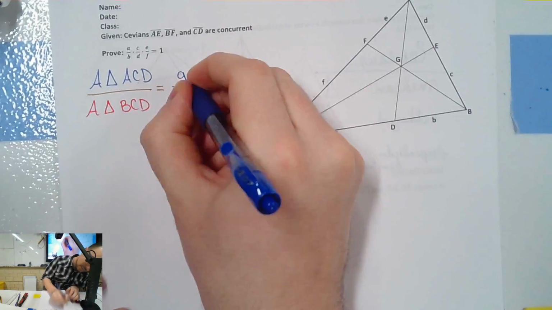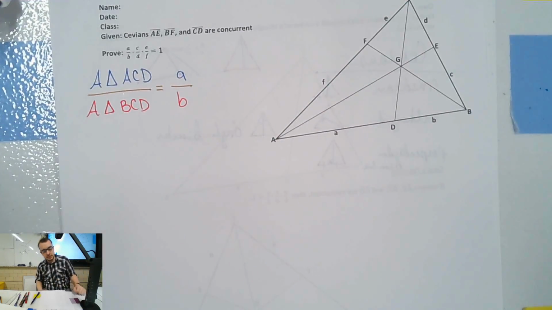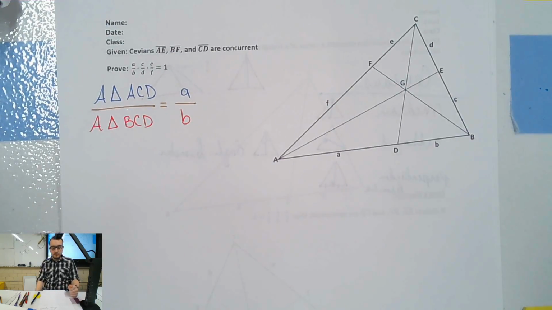Little a and little b. Cool. Now, I could say that for all my other triangles, but I'm going to save that for later.